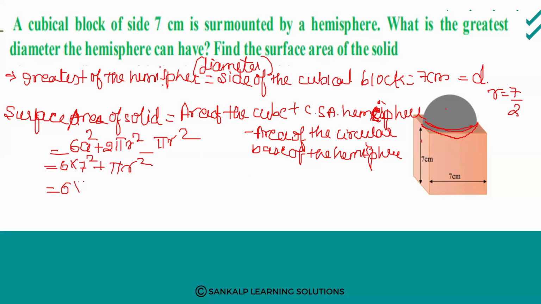So 6 into 49 plus pi value is 22 divided by 7 into r value 7 by 2 into 7 by 2. So 7 and 7 will get cancelled. 2 ones are 2, 11s. So 6 into 49 plus 11 into 7.